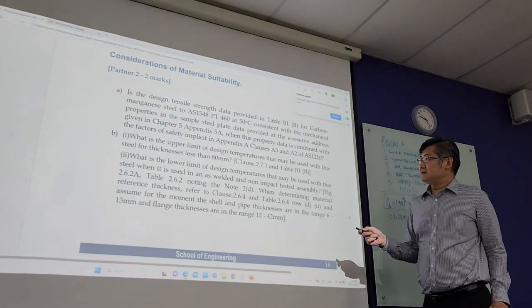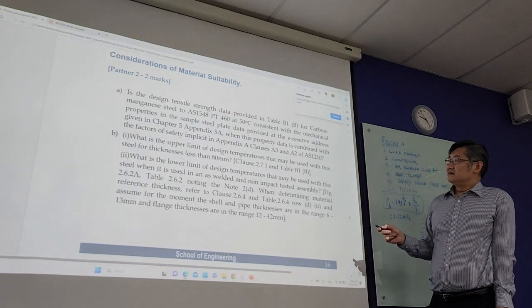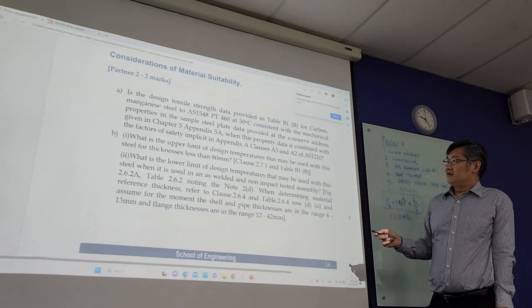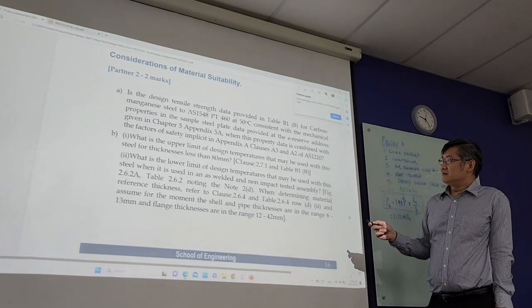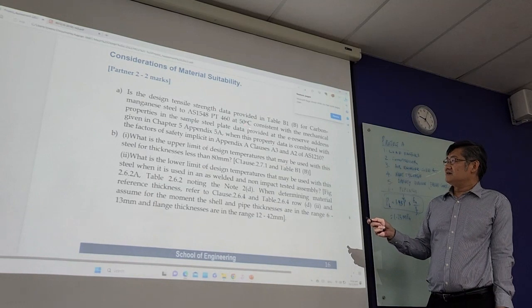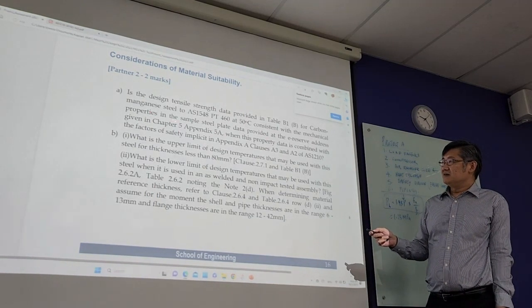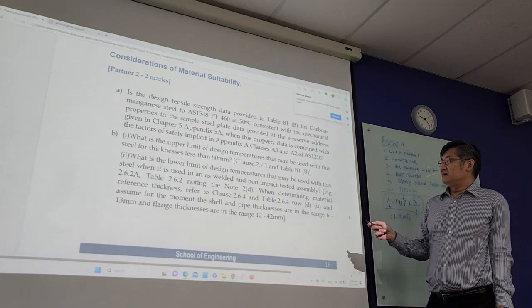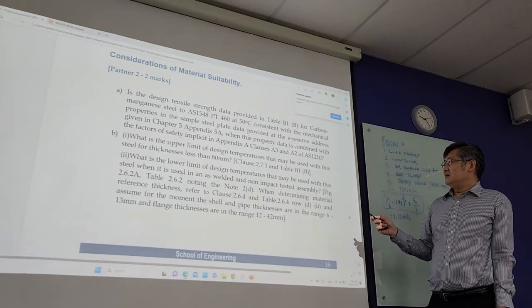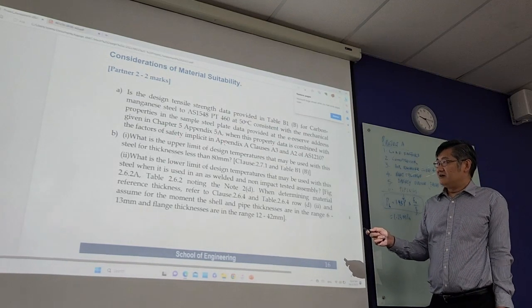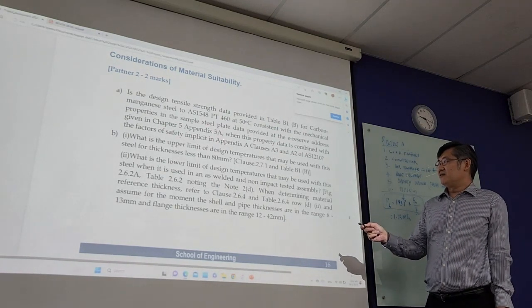Is the design tensile strength data provided in Table B1(B) for carbon manganese steel, at 50 degrees Celsius, consistent with the mechanical properties in the sample steel plate data provided in chapter 5, Appendix 5E? So later we will look at this Appendix 5E.